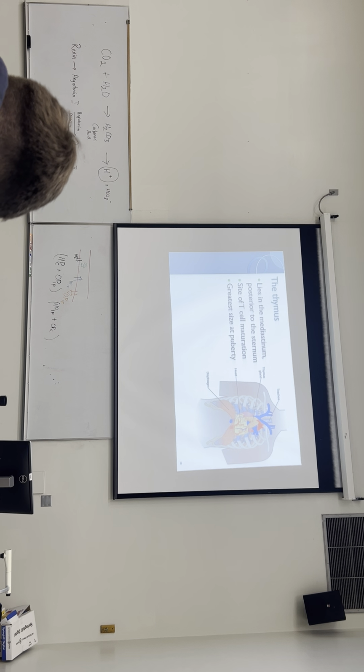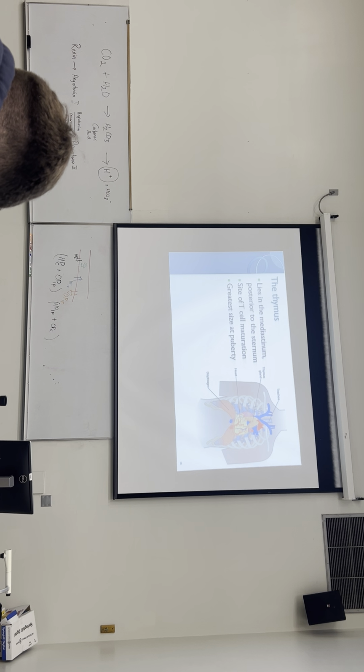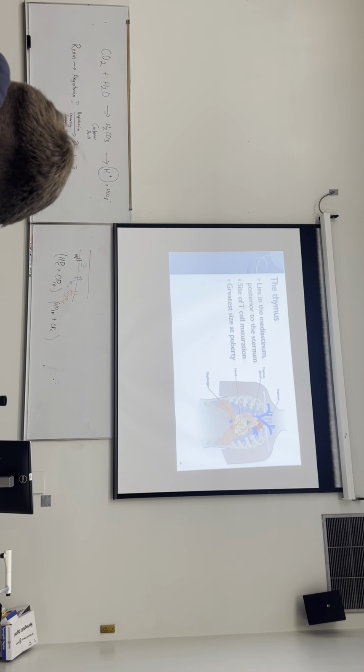The thymus gland is located in the superior mediastinum, and the main function is lymphocyte maturation. That's the highlight. T cell maturation occurs here. We'll talk about what that means in the next part of this chapter on Wednesday.